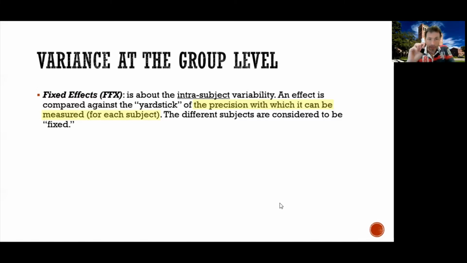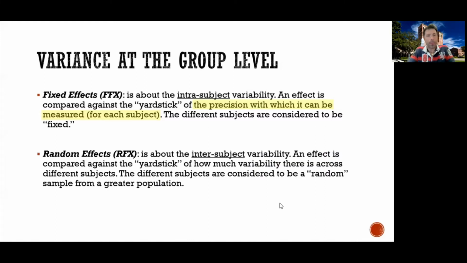The only variance that exists in this point of view is the precision, the measurement error. So your variance here really is the average measurement error across all of your participants. And importantly, each participant here is considered as fixed.